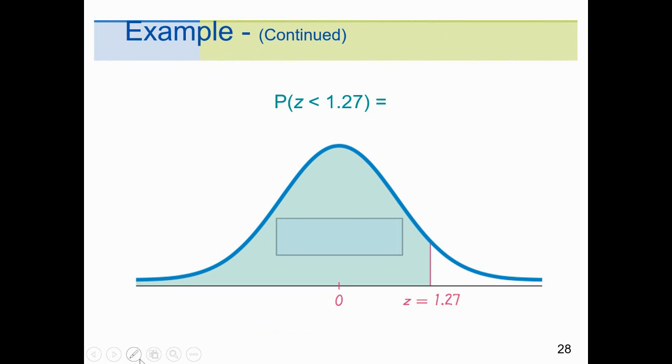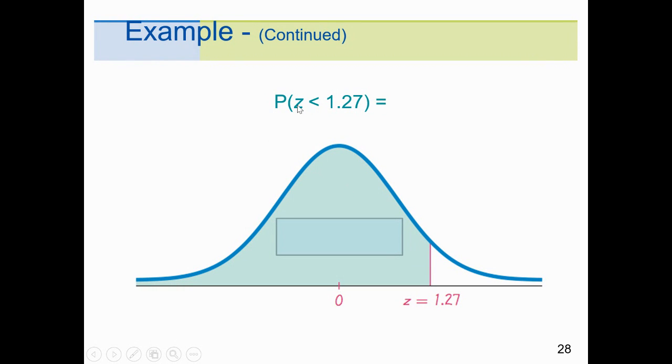All right, so the first thing I do before I do anything else is I draw my bell curve. Right here, the high point is the mean. I've marked that as 0 because he tells me the mean is 0. Obviously, 1.27 is a positive number. It's to the right of 0. So I draw a vertical line. Now, what am I looking for?